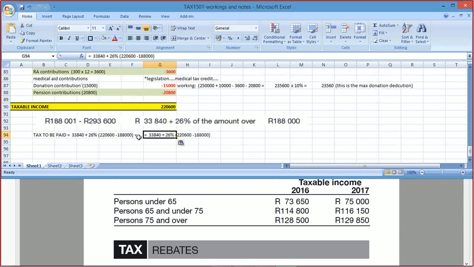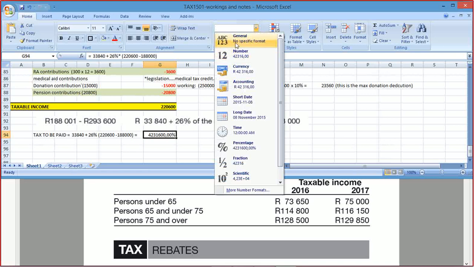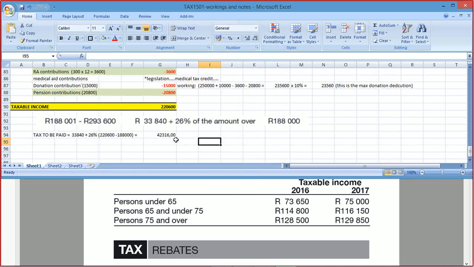Okay, so the working here, I don't want a percentage, I want a number. Let's get it back to number. Okay, there we go. That's how much she's going to have to pay in terms of tax. That's her tax. Okay, this is the tax payable.